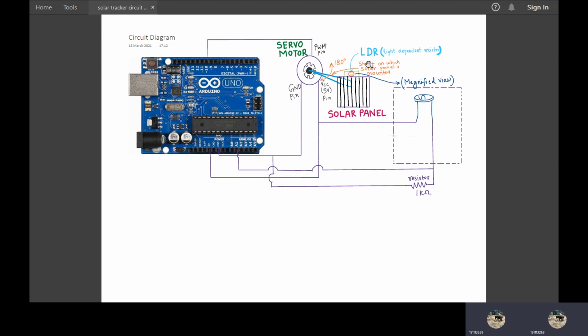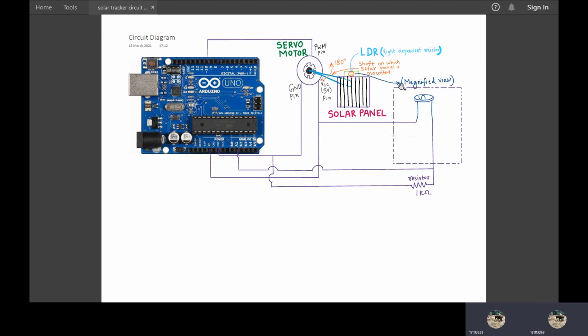This light dependent resistor detects change in sunlight, because with change in light the resistance of this LDR gets changed, and if it is connected to the analog input pin of Arduino, the value of that input pin read by the Arduino will get changed.